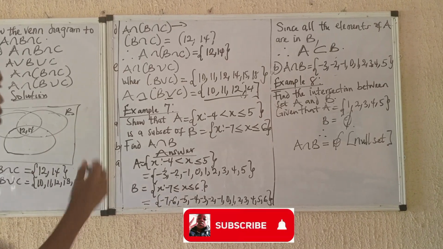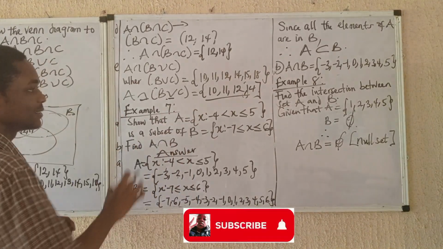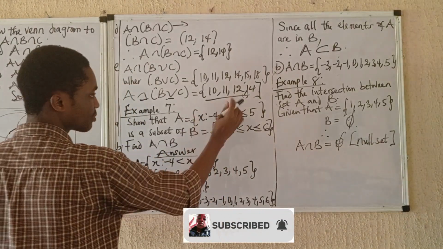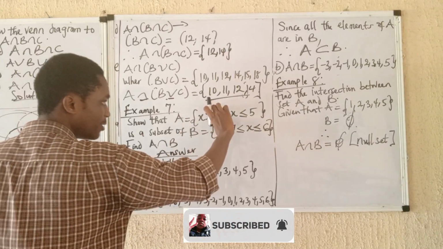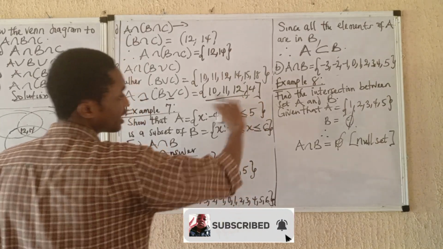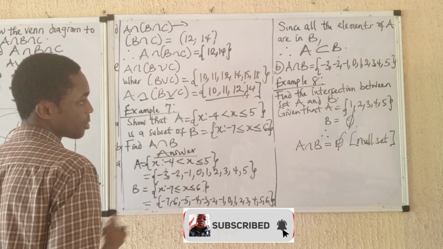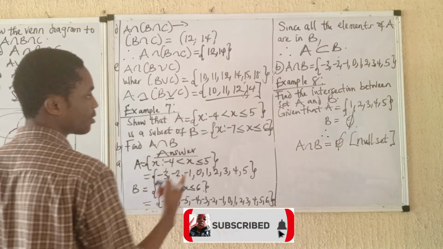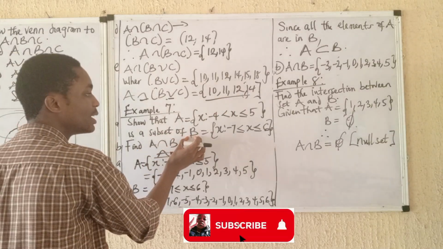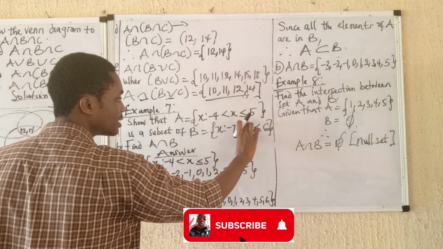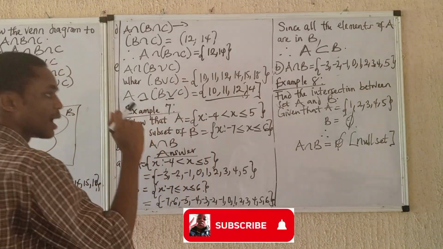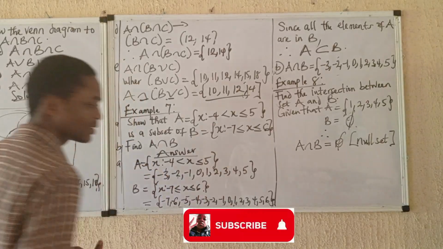Example 7. Show that set A, which contains the numbers X such that X is greater than -4 and X is less than or equal to 5, or you can say X is greater than -4 while X is less than or equal to 5, is a subset of B, where X is greater than or equal to -7 and less than or equal to +6.